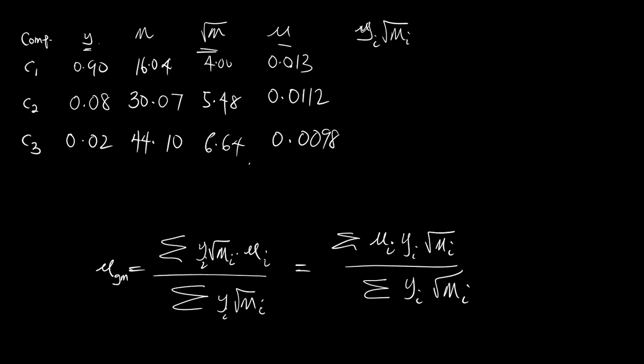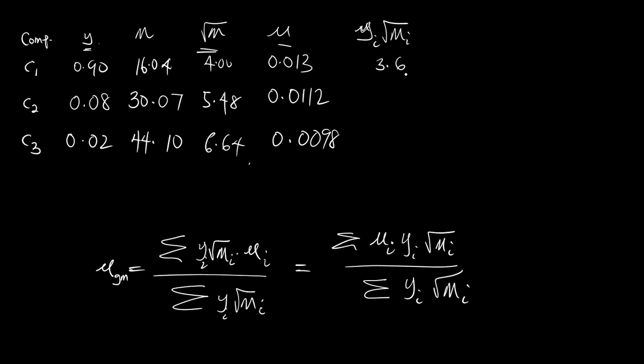So now we have 0.9 times 4, which gives us 3.6.